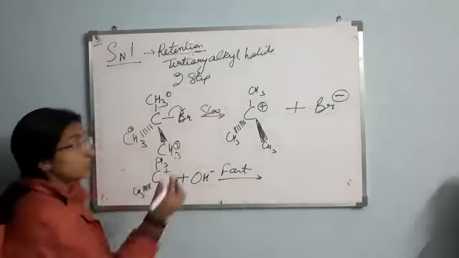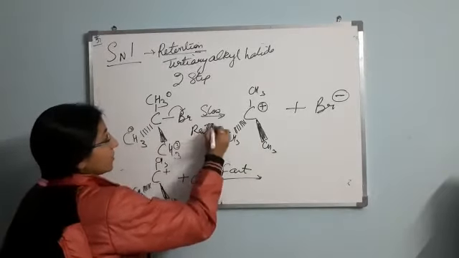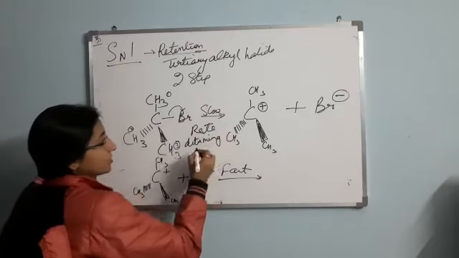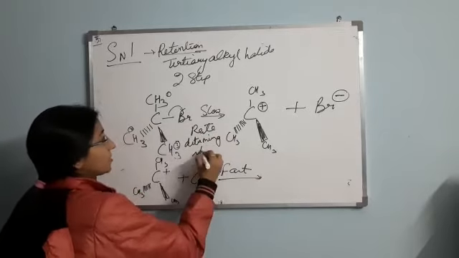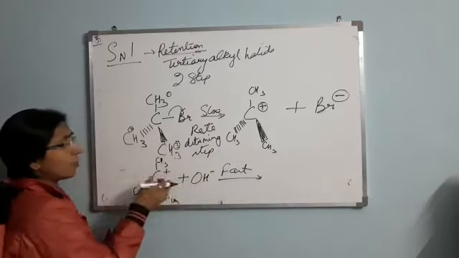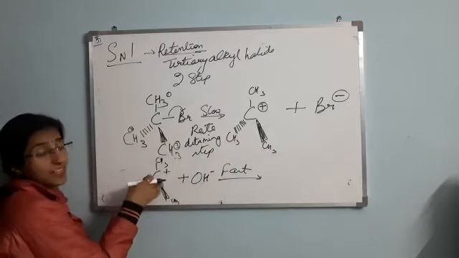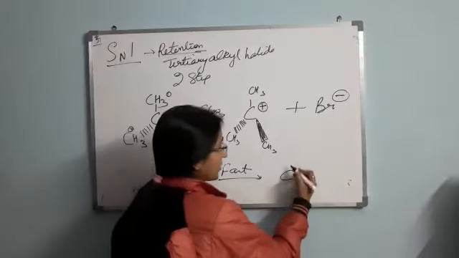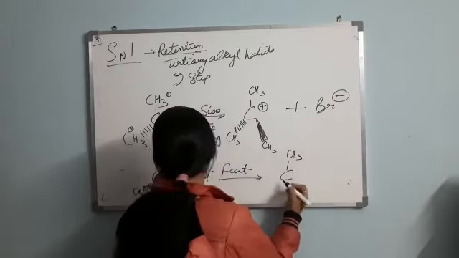The first step is normally slow, which is also called the rate-determining step. You all know about chemical kinetics. I will upload the videos regarding this also. Now OH, that is the nucleophile, will attack from the same side from where the halo group has been removed. See, now the final product is there.